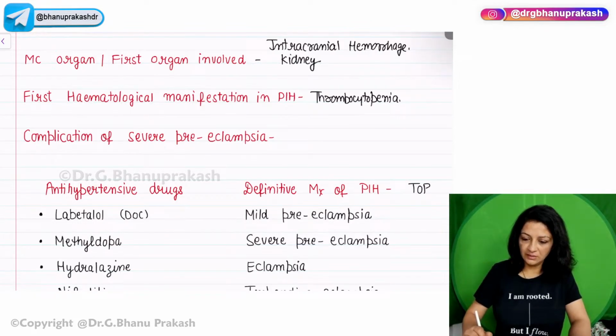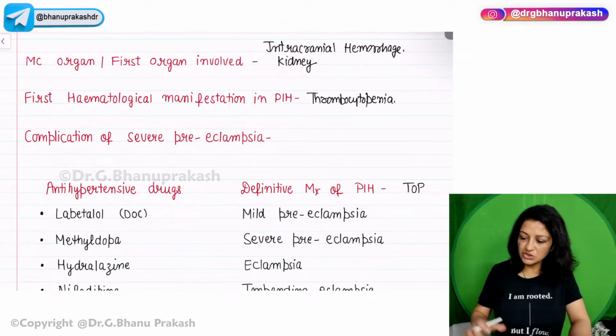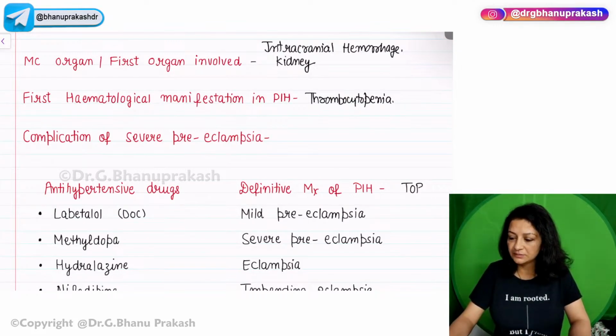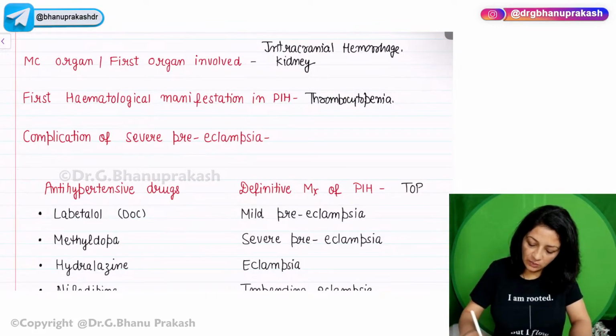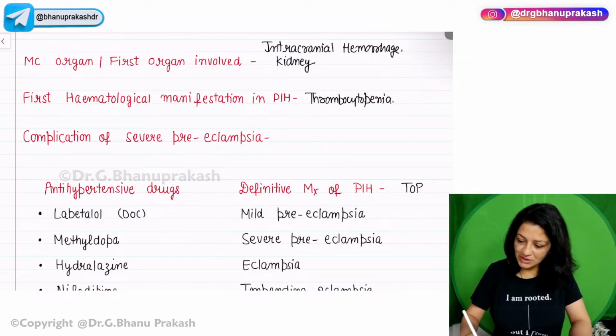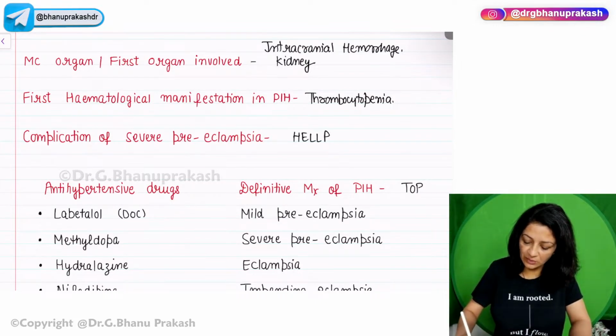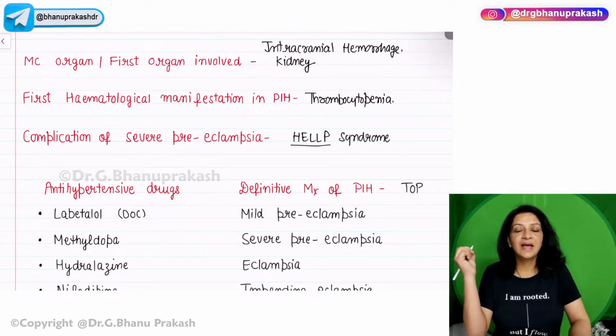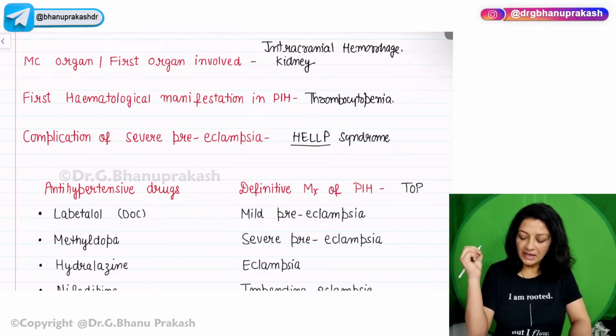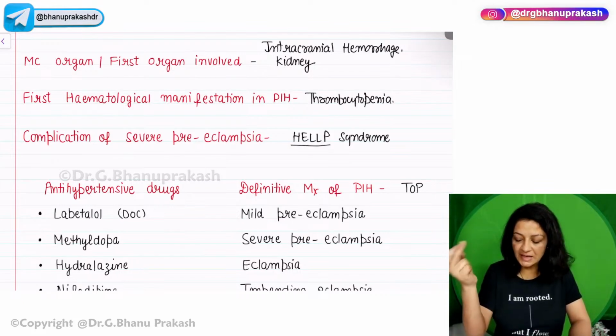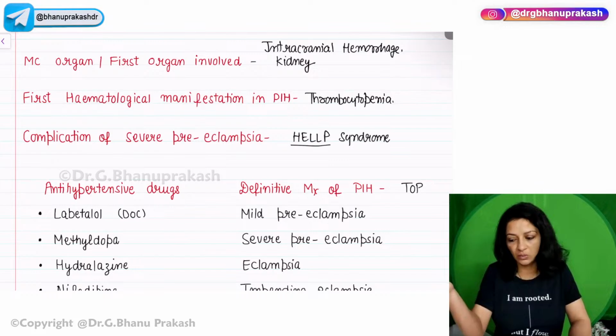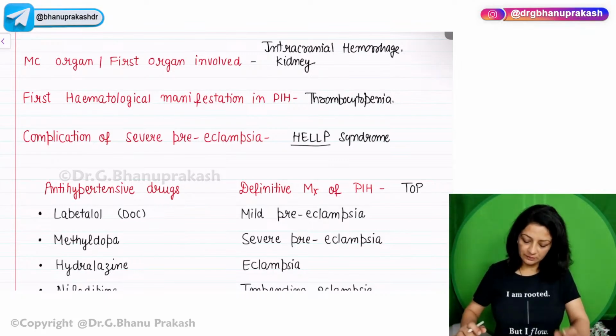HELP syndrome. Not Sheehan, HELP syndrome. H means hemolysis, EL means elevated liver enzymes, and LP means low platelet count. So HELP syndrome.